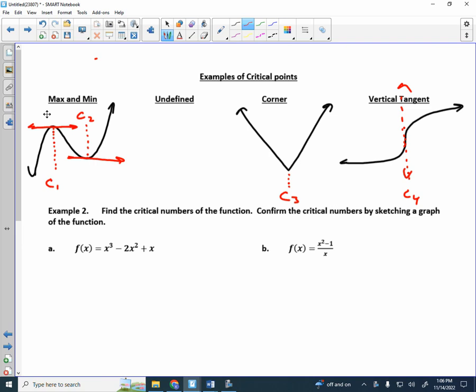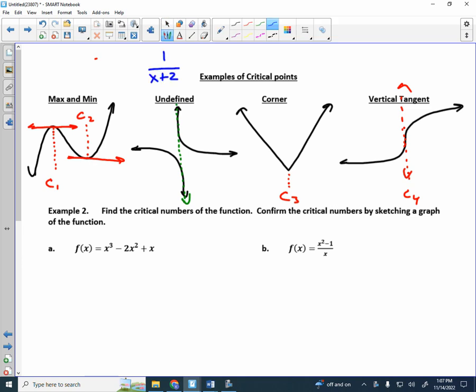Now I left this one off, and that is if the function is undefined. Now some people are like, well, you have a critical point at that spot. Suppose that function is 1 over x plus 2.